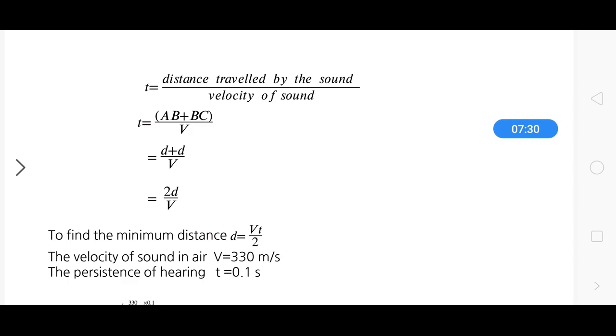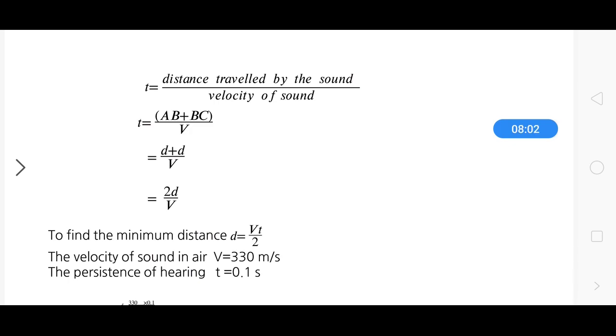Which distance? The distance travelled by the sound, divided by the velocity of sound. Here the sound moves along path AB and BC. So the distance travelled by the sound divided by the velocity of sound gives the time required to hear an echo.